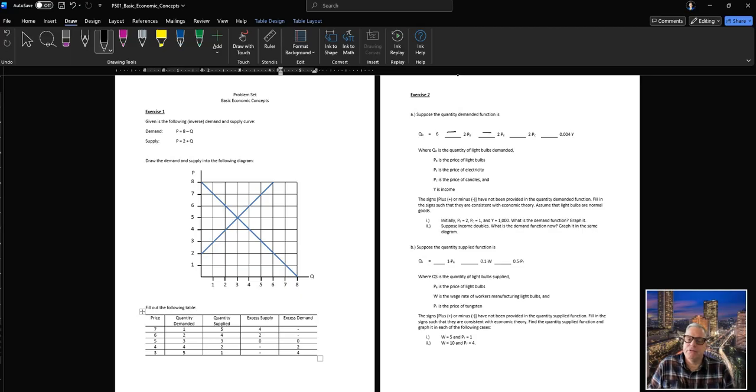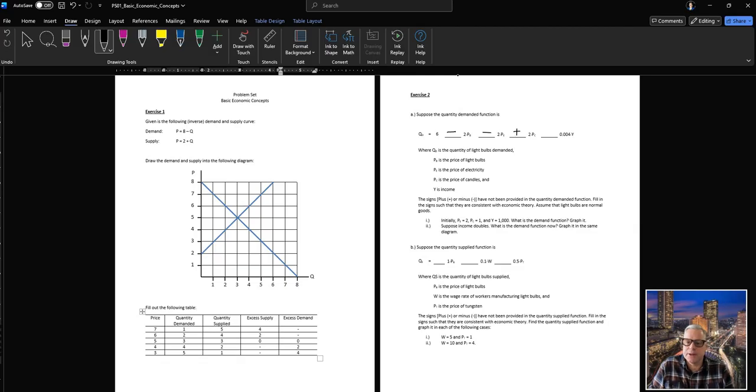So PC, that's the price of candles. If the price of candles goes up, well then I demand fewer candles, but more light bulbs. So if the price for candles goes up, quantity demanded for light bulbs goes up, so that's a positive relationship.